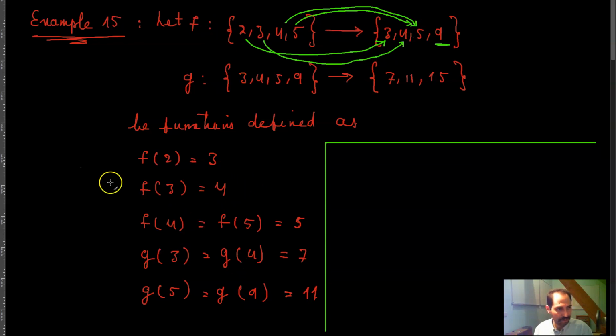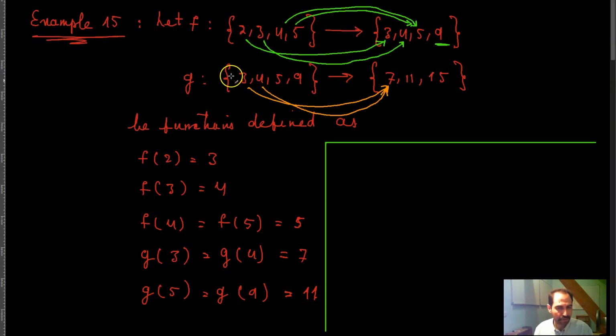Now in g, what's happening is that g of 3 is equal to g of 4 is equal to 7. So 3 and 4 are both being mapped to the same element 7. So that means that these two elements of the domain are simply covered.